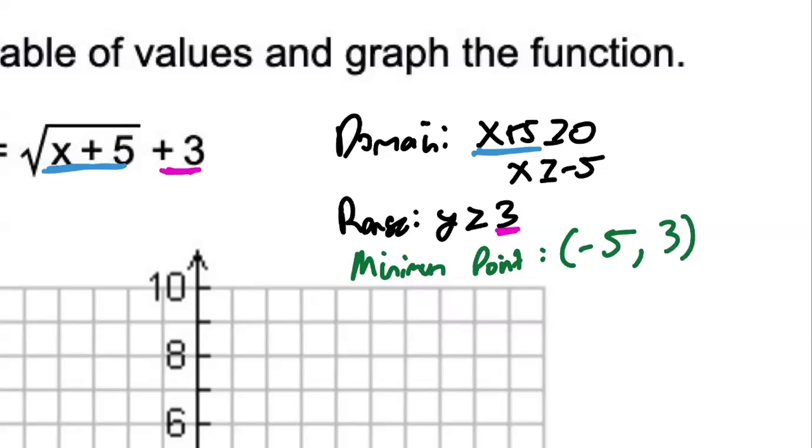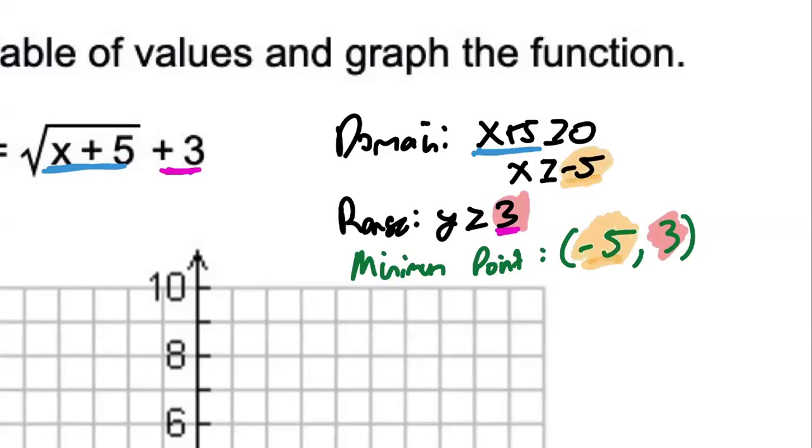You want to use these values right here. So that'll give you your minimum. Does anyone have any questions so far?